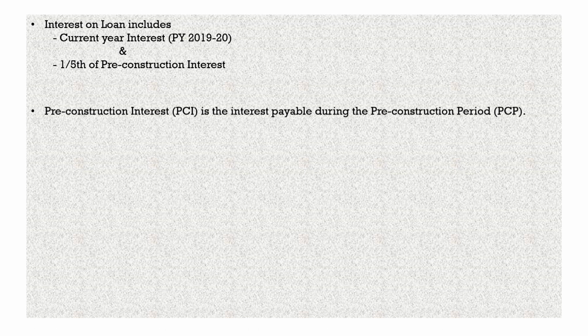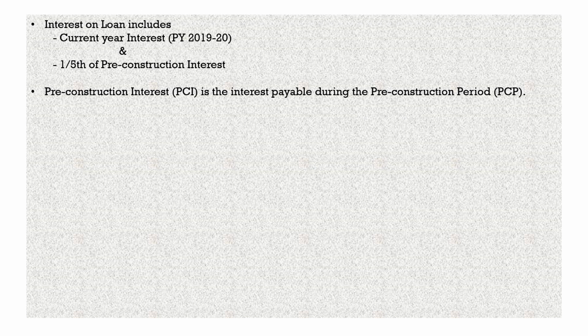Interest on loan includes current year interest, that is the interest for the previous year 2019-20, and 1/5 of pre-construction interest. Pre-construction interest is the interest payable during the pre-construction period.